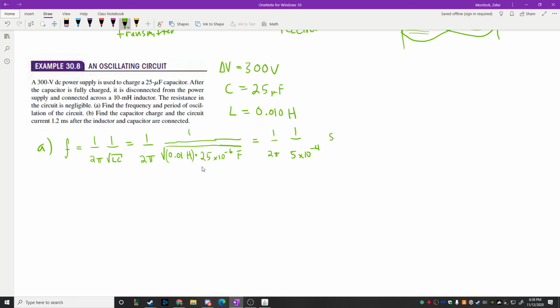The units for this are going to be in hertz, and the denominator would be in seconds. Did you get 1,000? Is that what you got? 318, that sounds more correct to me. Is that what other people got too?